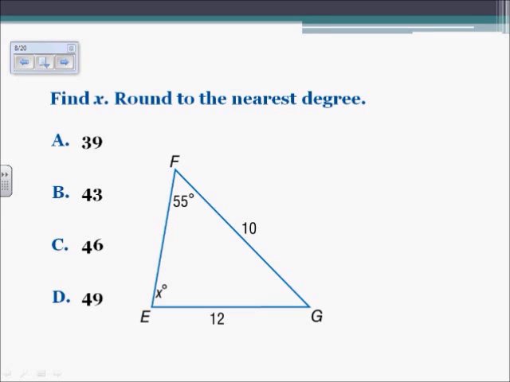Find x, round to the nearest degree. So, sines, we have sine of x over 10 is equal to the sine of 55 over 12. Cross multiply. 12 sine of x is equal to 10 sine of 55.